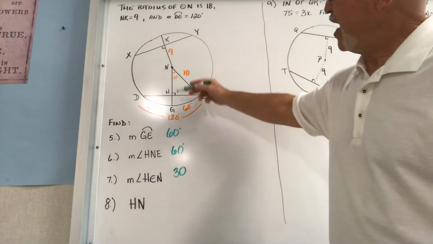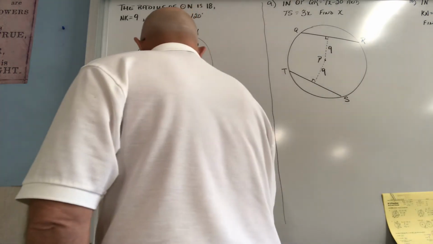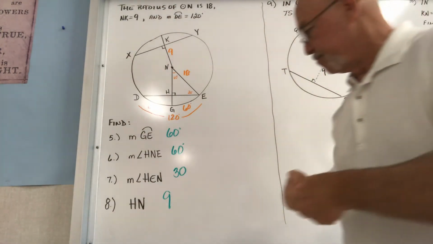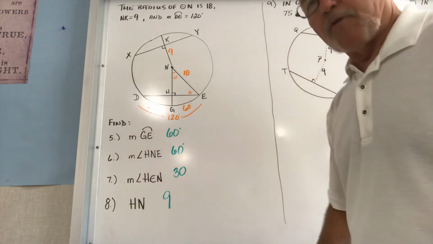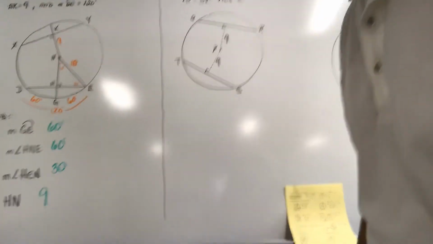The measure of HN. It's got to be the same as NK. And there we have it. So, there's that one.